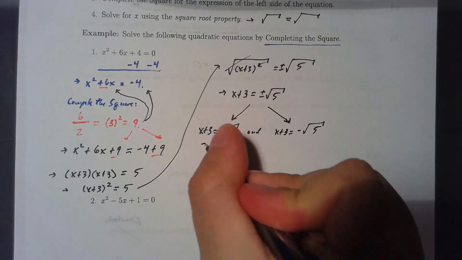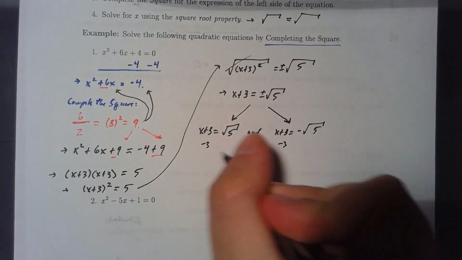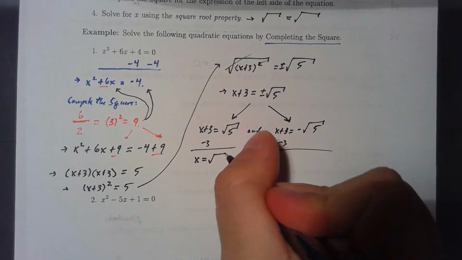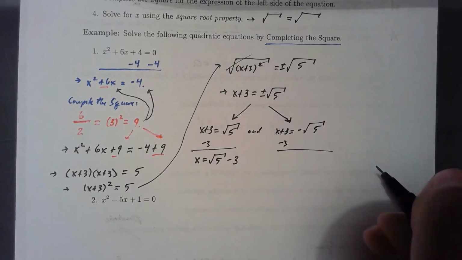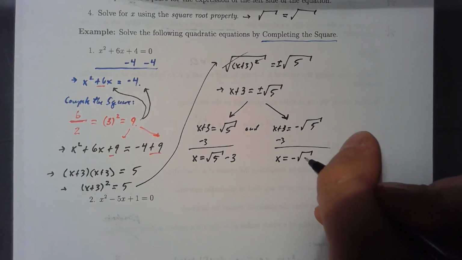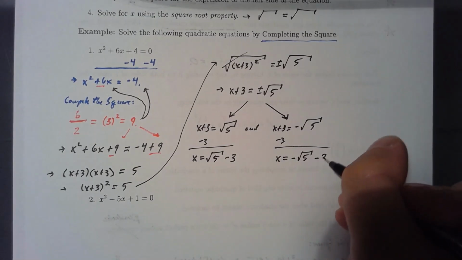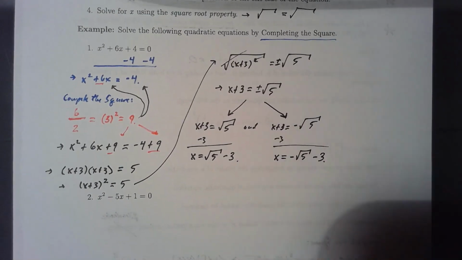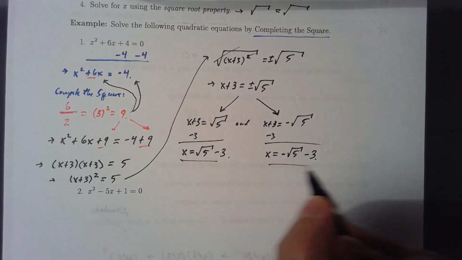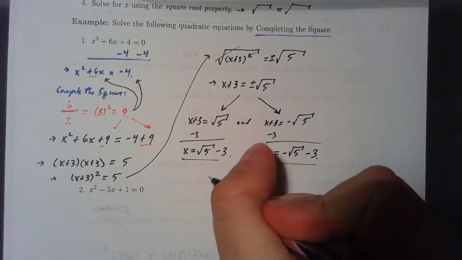And now you could just subtract 3 from both sides. So you're going to get x equals the square root of 5 minus 3, and x equals negative square root of 5 minus 3. So these right here are my solutions.